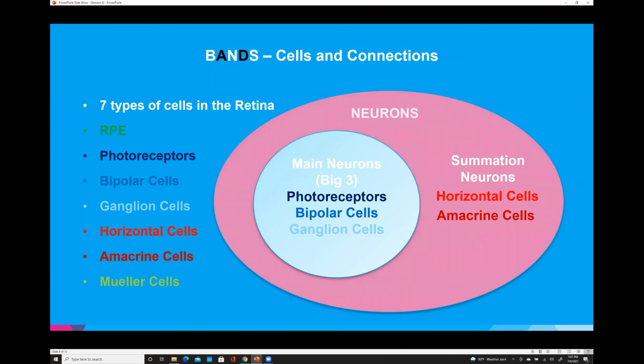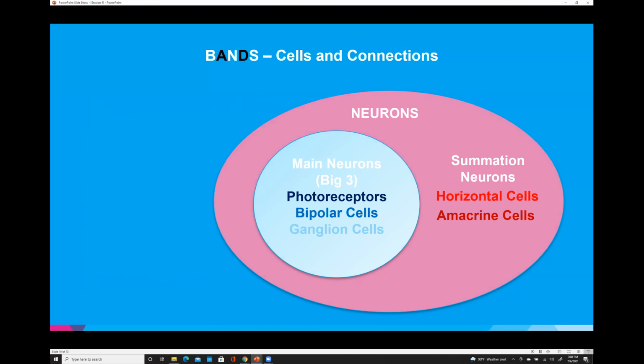So you can imagine, this is the neuronal team, the starting 5. There are 5 players in a basketball team. You've got your big 3, and then of course those other 2 guys are really important in order for you to win championships. So this is your team of neurons in the retina. That's how we look at it: your main neurons, the big 3, and then your summation neurons, as I like to call them, the horizontal cells and the amacrine cells that help these big 3 work.